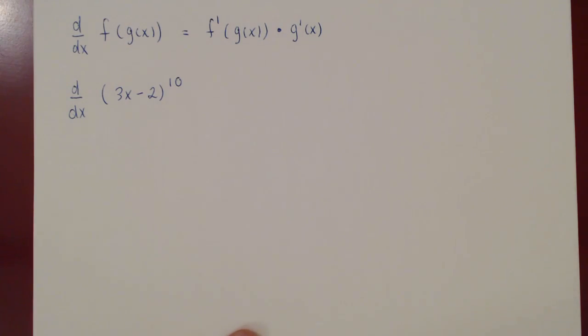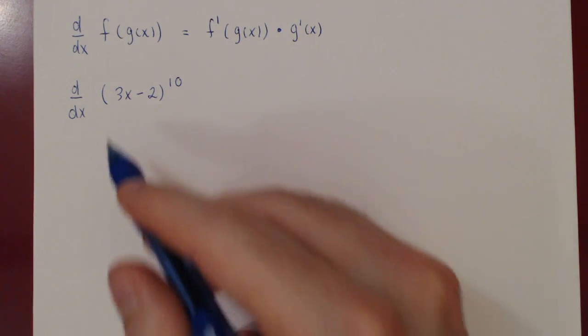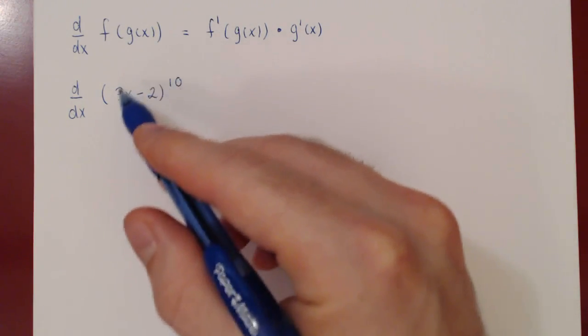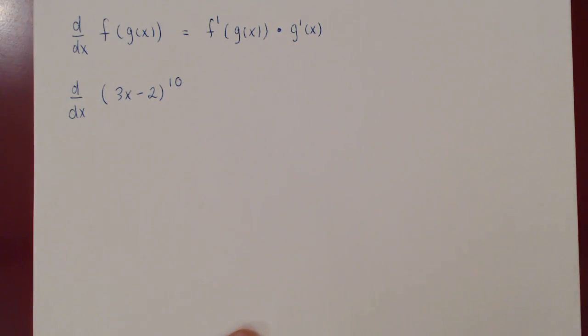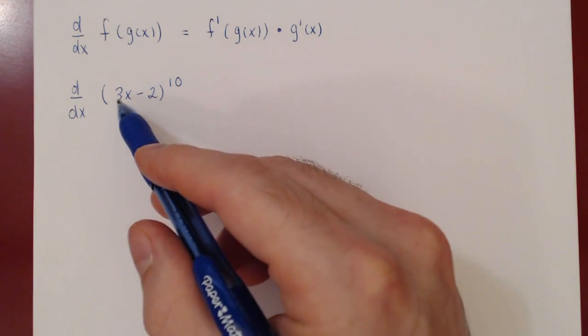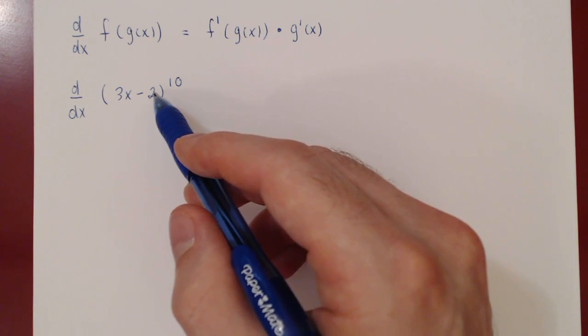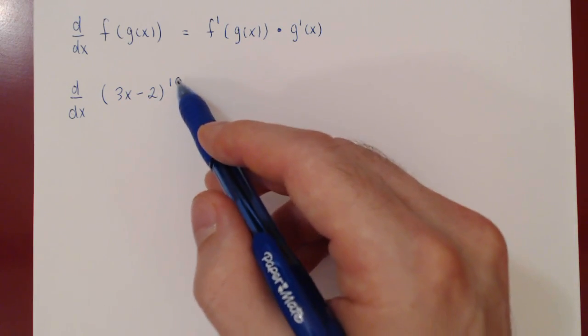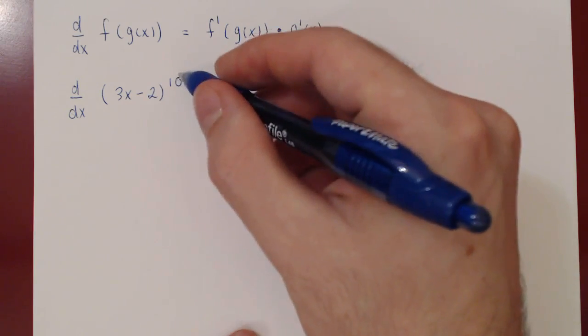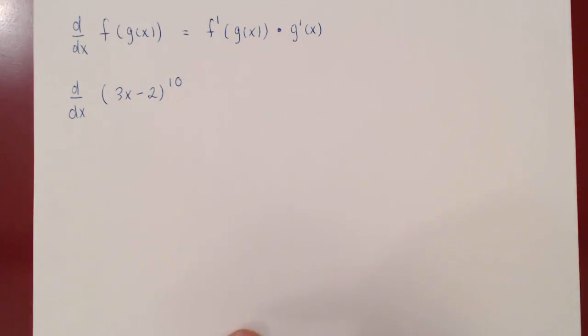And how do you find the outside function? Well, think about it this way. If you were to evaluate the expression for a given value of x, what is the last thing you would compute? Suppose I give you here x equals 4. Well, you would do first 3 times 4, then you would subtract 2, and finally you would take the 10th power. So the power of 10 here is the outside function, the last thing you would compute.